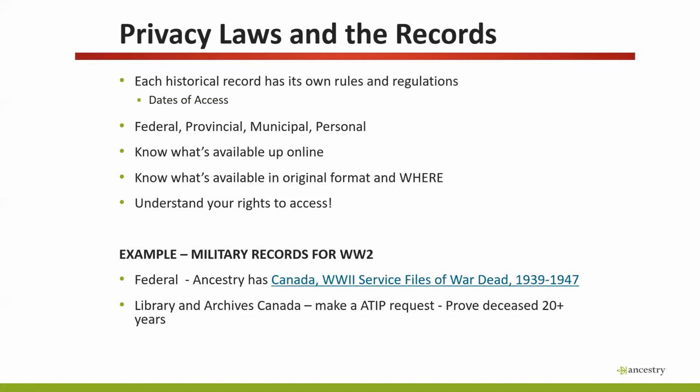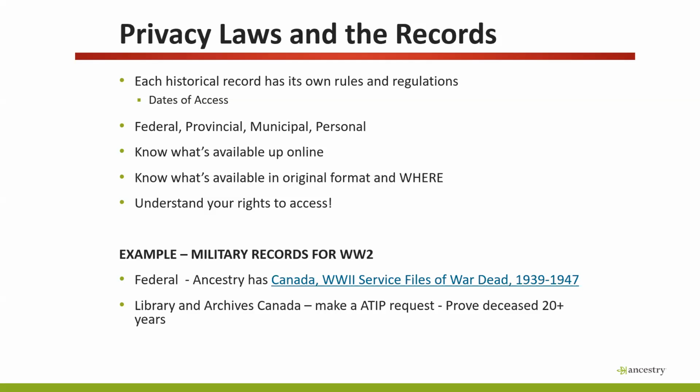They all have different rules within those departments. So you should look at what's available online, know what's available in original format and where to go to get them, and understand your rights to access.